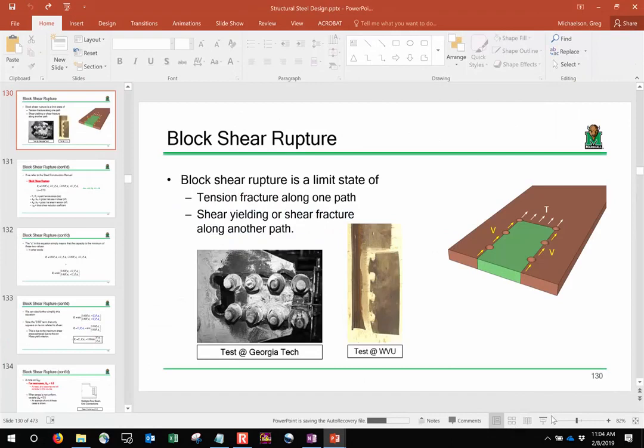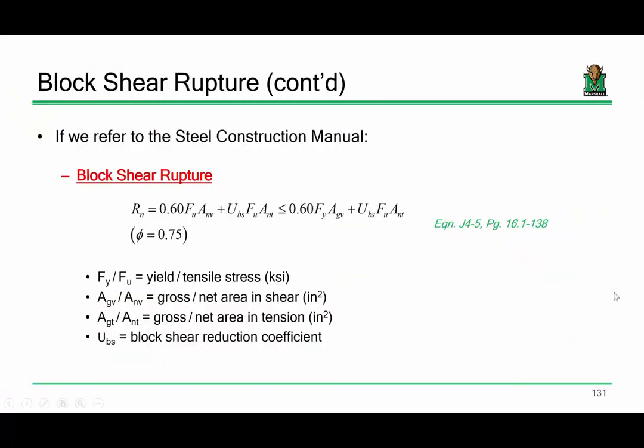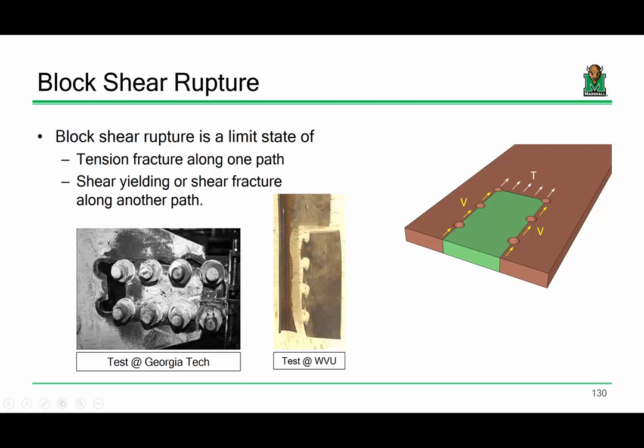If it'll load. Okay. So remember, block shear is kind of unique. It's kind of weird in terms of how it happens. In terms of identifying the block shear failure path, there's a few key rules you have to follow.